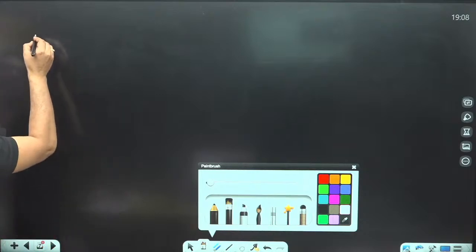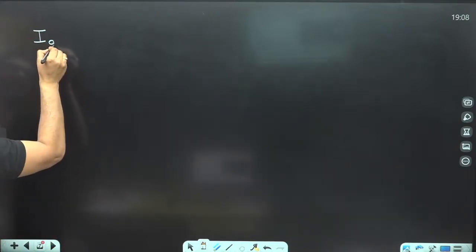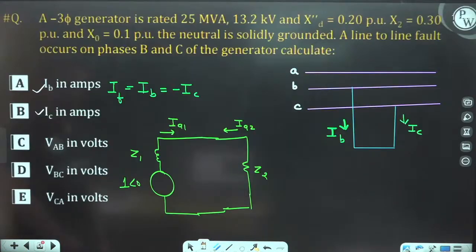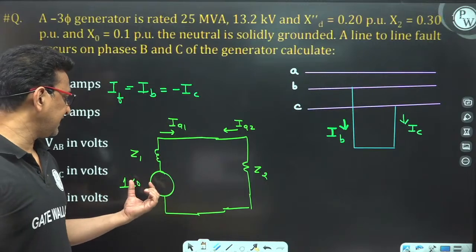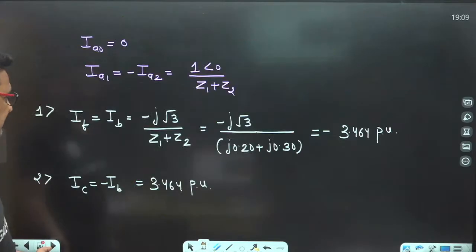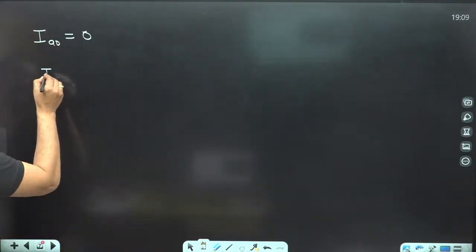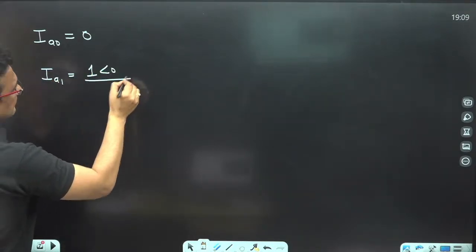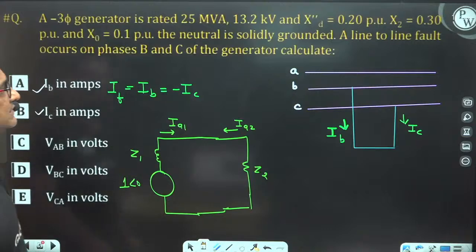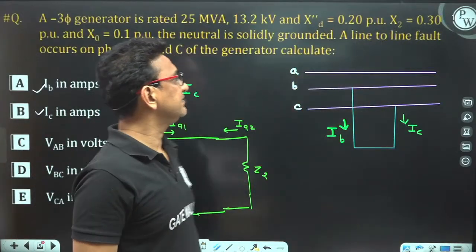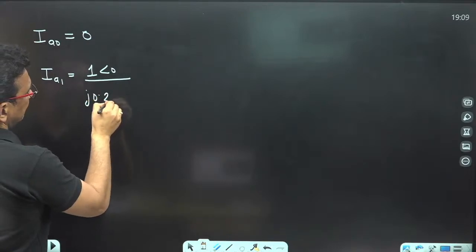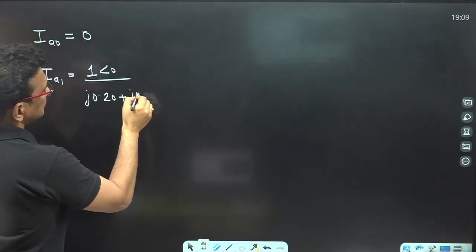We all know that the sequence current IA0 is 0 because no zero sequence current flows when a line to line fault occurs. And here IA1 is 1 angle 0 degree divided by Z1 plus Z2, the positive sequence and negative sequence, that is j 0.20 plus j 0.30.